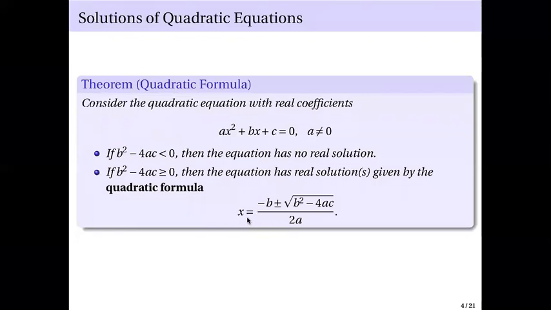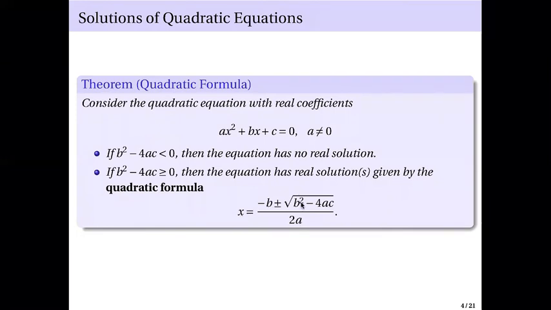So x equals negative b plus or minus square root of b squared minus 4ac all over 2a. Okay? So the values of x here can be 1 or 2.